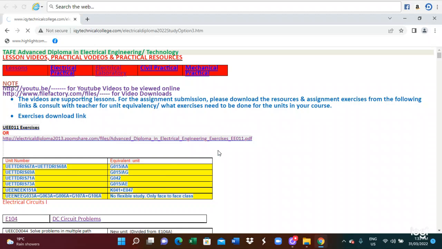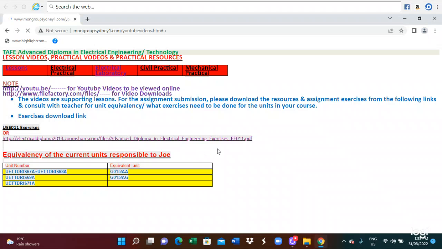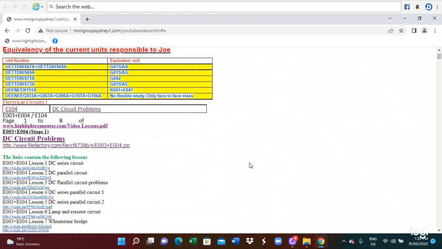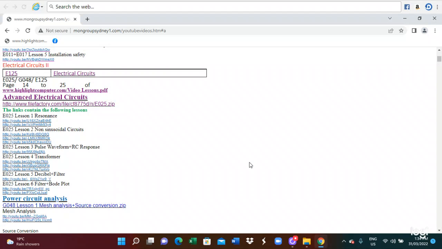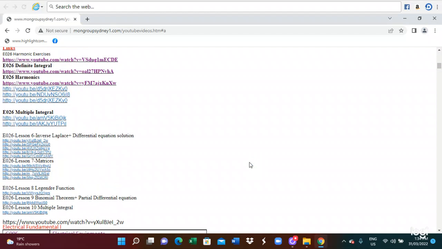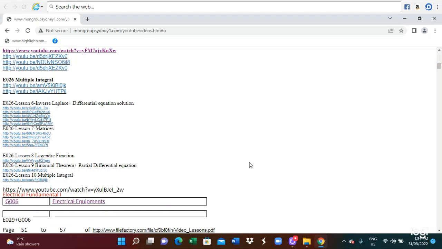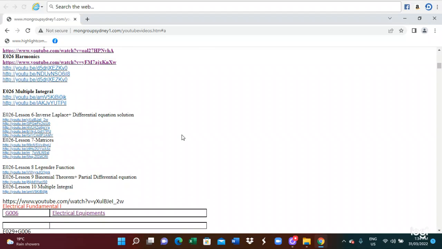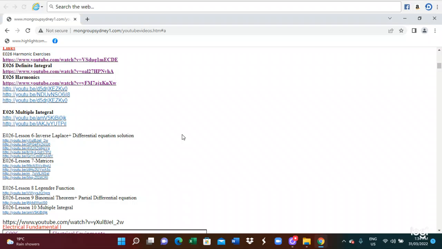So last week we already talked about engineering mathematics. E026 is engineering mathematics. For E026 we finished lesson 5, multiple integral. Today's matrix, Laplace transform, multiple integral finished.